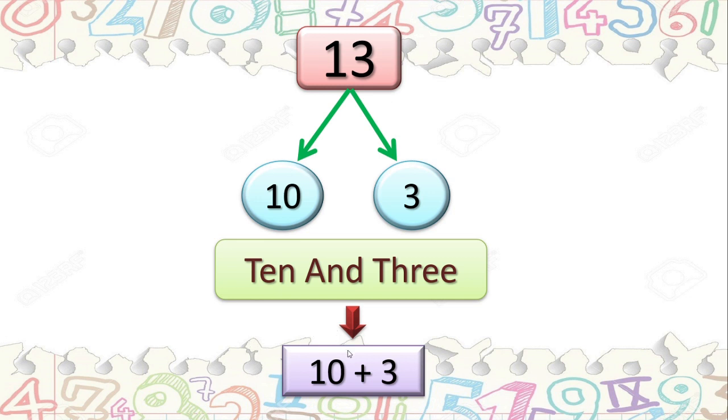Got this, children? The main thing in expanded form is the place values. We write the digits given according to the place values and we use an addition mark in between the numbers. Okay, got this?